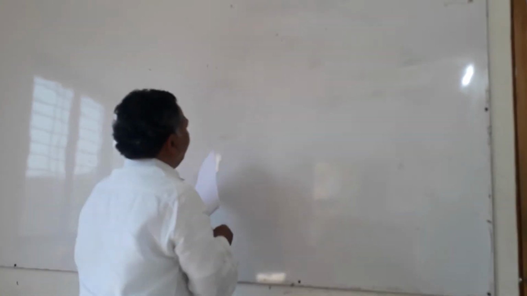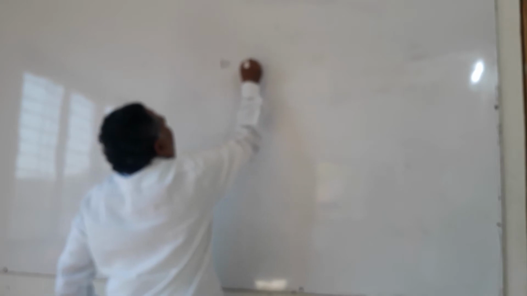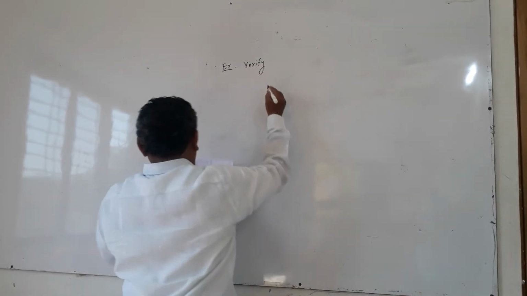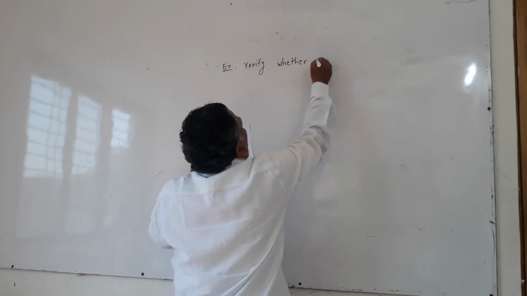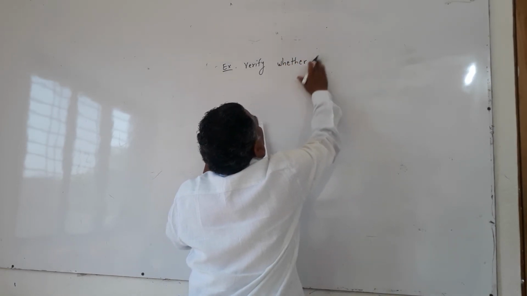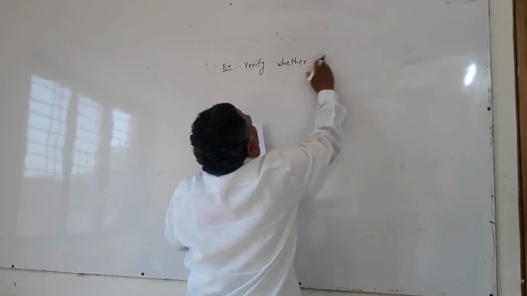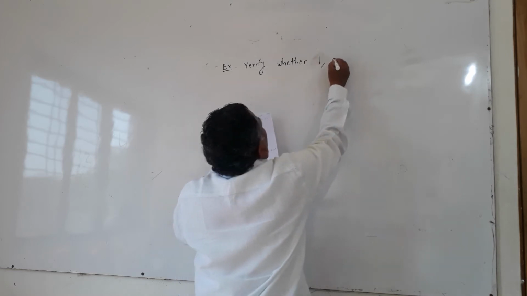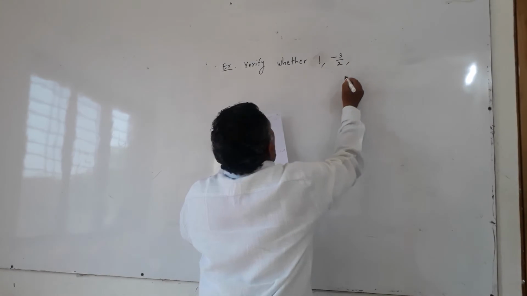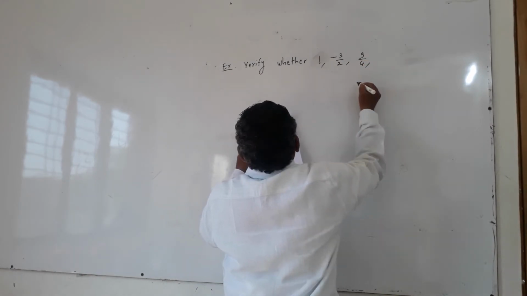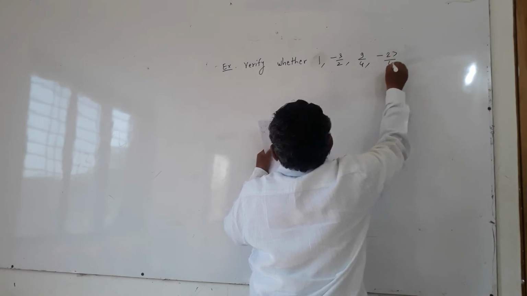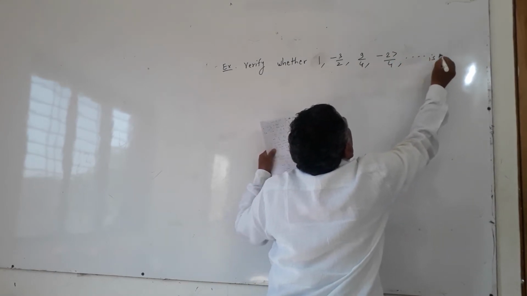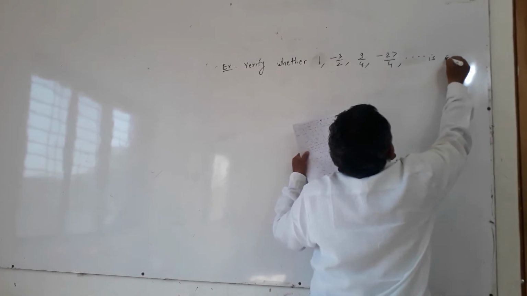Example: verify whether 1, minus 3 by 2, 9 by 4, minus 27 divided by 4, and so on is a GP.